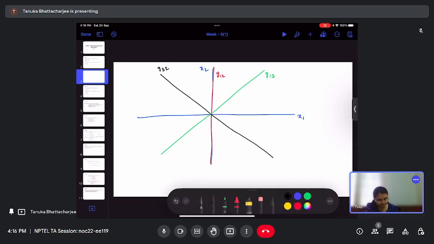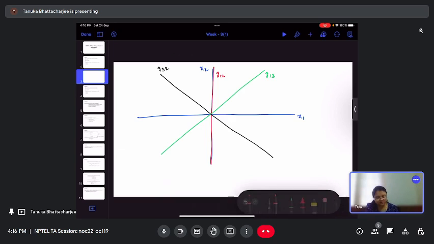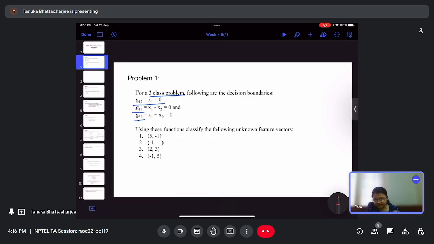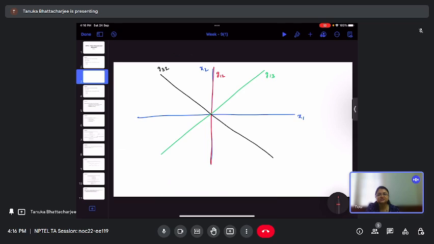Now let us consider the first decision boundary G12, that is x1 equal to 0. If you need to decide which side of this decision boundary belongs to which class, take a point from, let's say, here, where x1 is some positive value and x2 equal to 0.